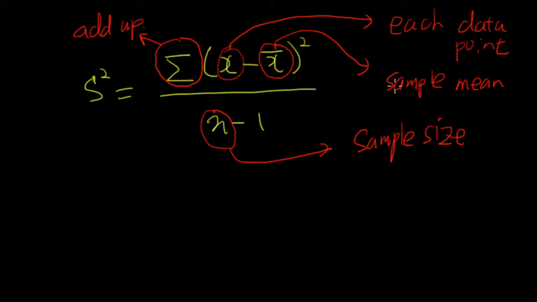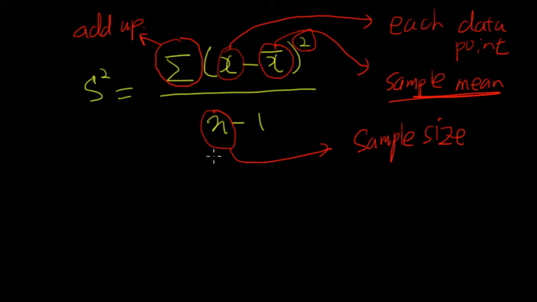So you have to find the mean first. Then you subtract the mean from each data point, and then you square that. You square each value you get from subtracting the mean from each data point, and you keep adding it up.